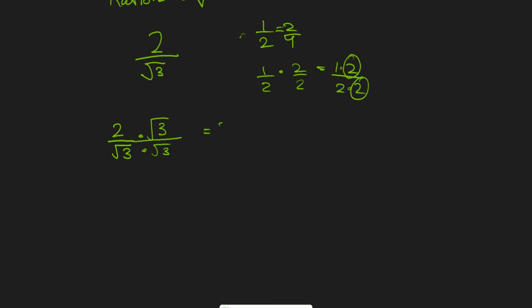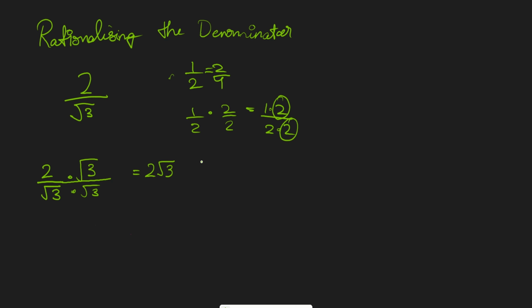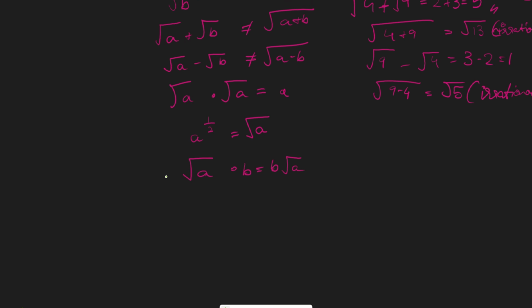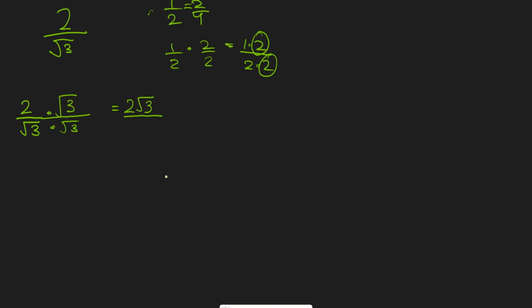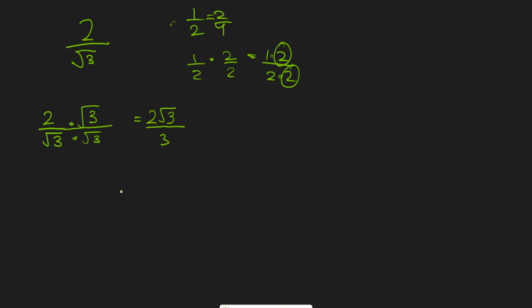So this will give you 2 root 3, looking at our rule a times root of b is the same as a root b, and root 3 times root 3, looking at root a times root a is equal to a, we know that it is 3.